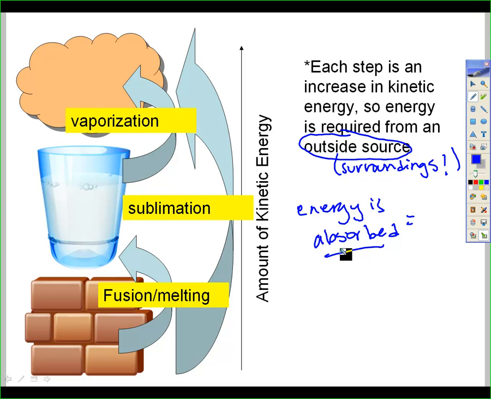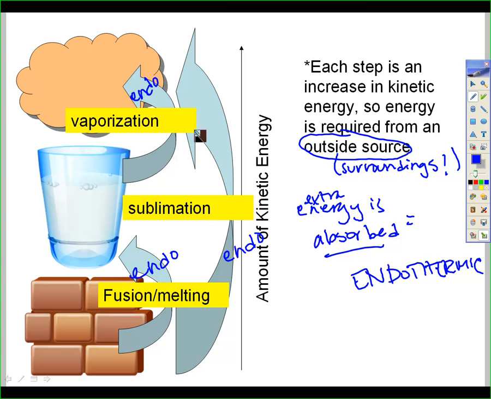That means the extra energy has to be absorbed from somewhere, so this is an endothermic process. The extra energy is coming in from somewhere. We're not just all of a sudden going to randomly have more energy. The energy has to come from somewhere.